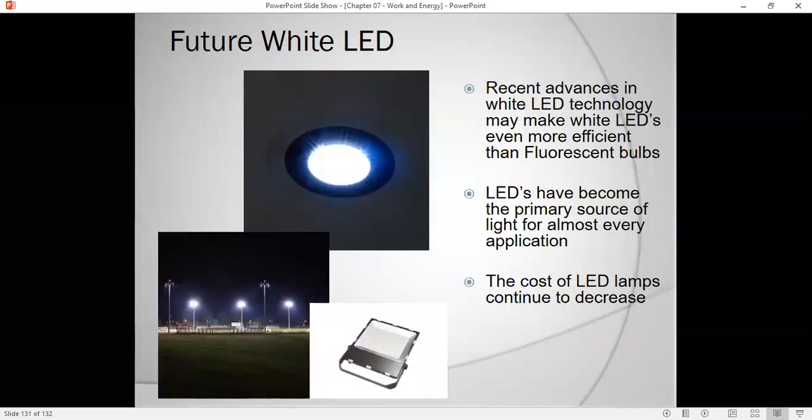So again, advances in LED technology have made them more efficient, but they've also made them more powerful than they have been in the past. LEDs were oftentimes used for indicator lights in electronic equipment. Now they've become bright enough that they can be a primary source of light.